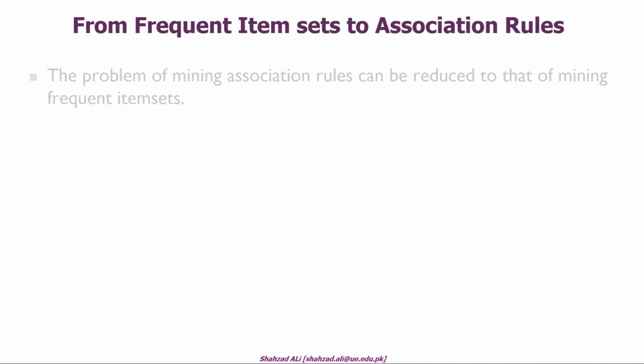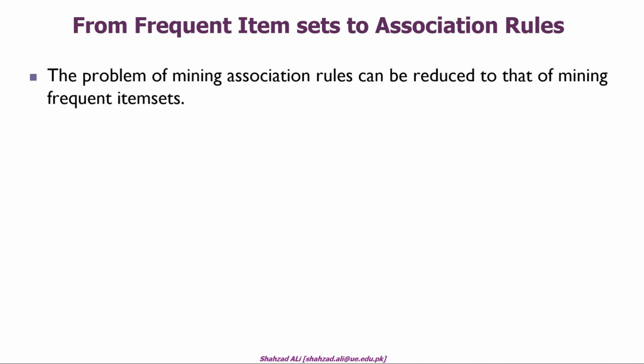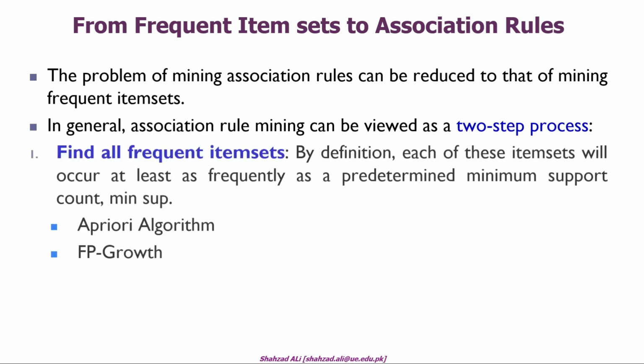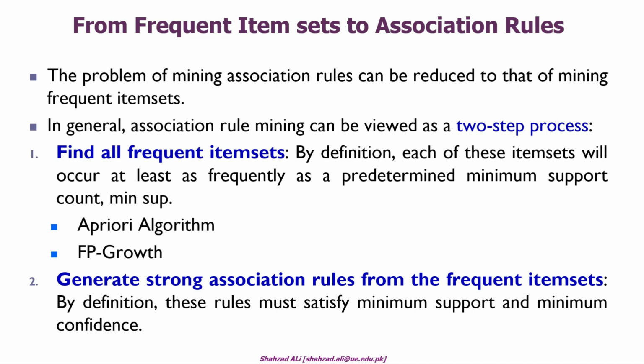So as we already discussed, association rule mining is a two-step process. The first step is to mine frequent itemsets from the transactional database, and after mining frequent itemsets we can generate association rules from them. There are different algorithms for mining frequent itemsets, of which two are very famous.